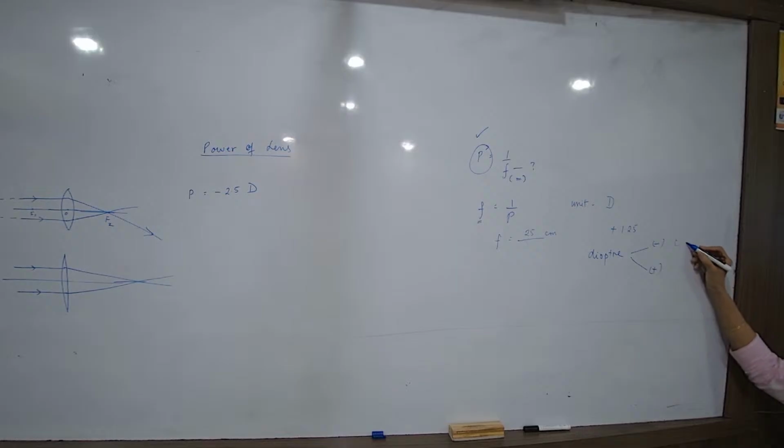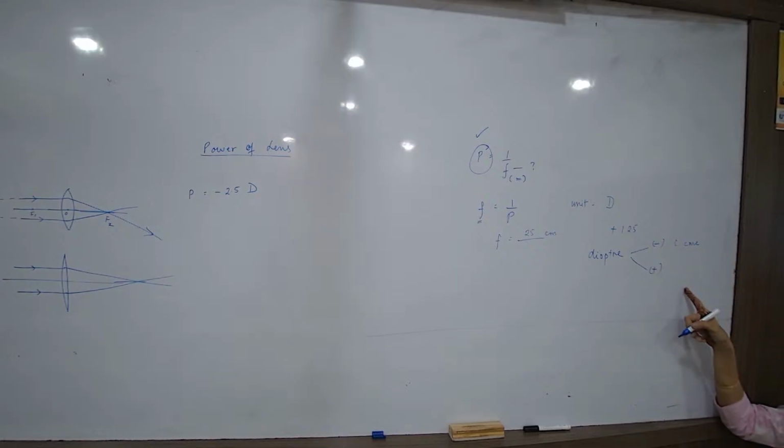So it is concave. And if you know one, the other one is going to be convex. So just make a note of this. Power of a convex lens will be positive. And power of a concave lens is negative. If it is negative, we know that it is concave.